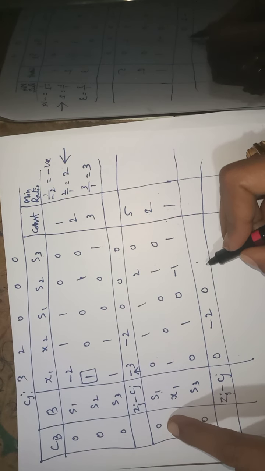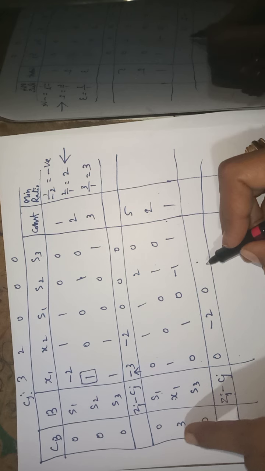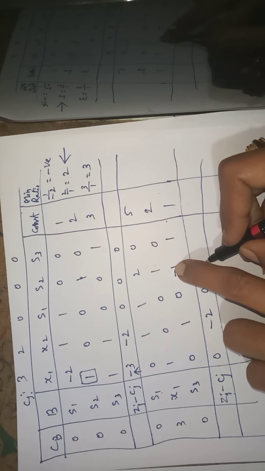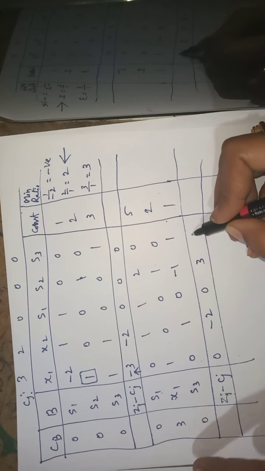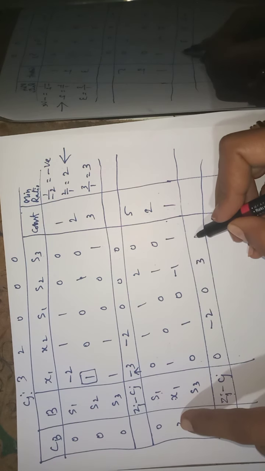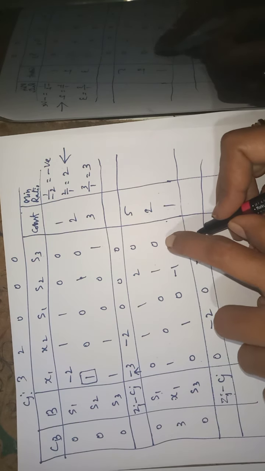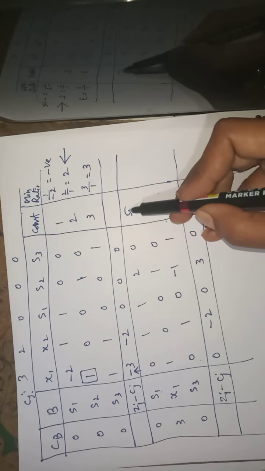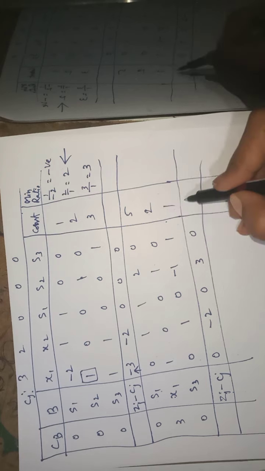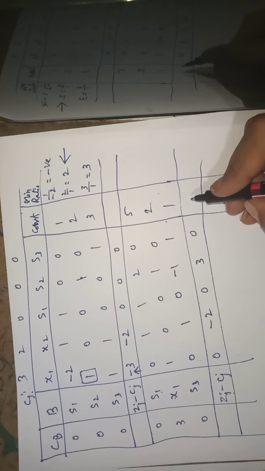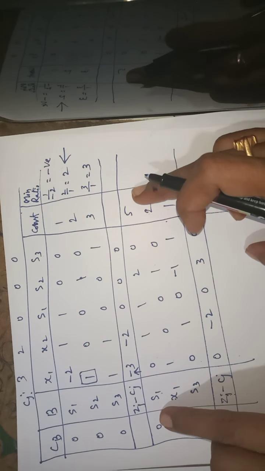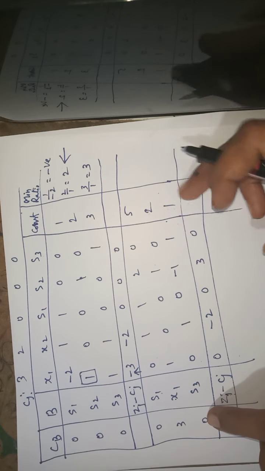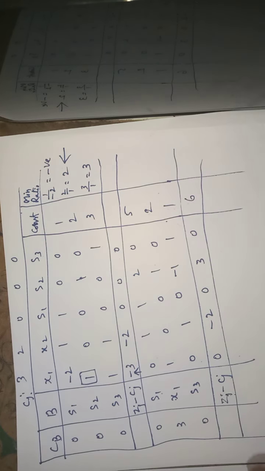Now the next one, 0 into 2, 0, 3 into 1, 3, 0 into minus 1, 0, minus 0, 3. Here 0 into 0, 0, 3 into 0, 0, 0 into 1 is 0, minus 3 is 0. Now 0 into 5, 0, plus 3 into 2, 6, plus 0 into 1, 0. That's why we get 6 here.